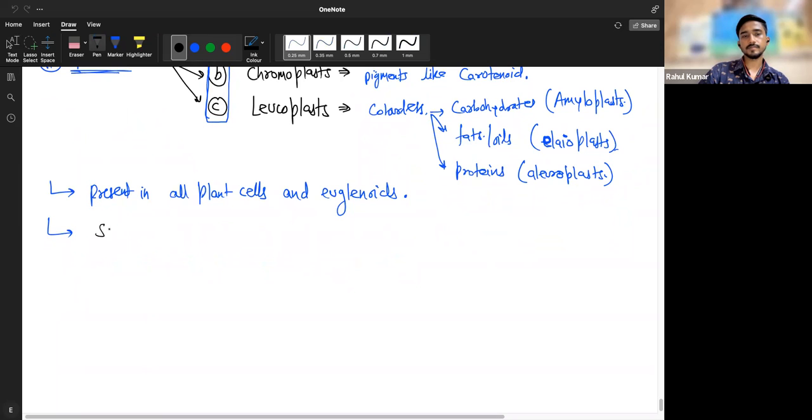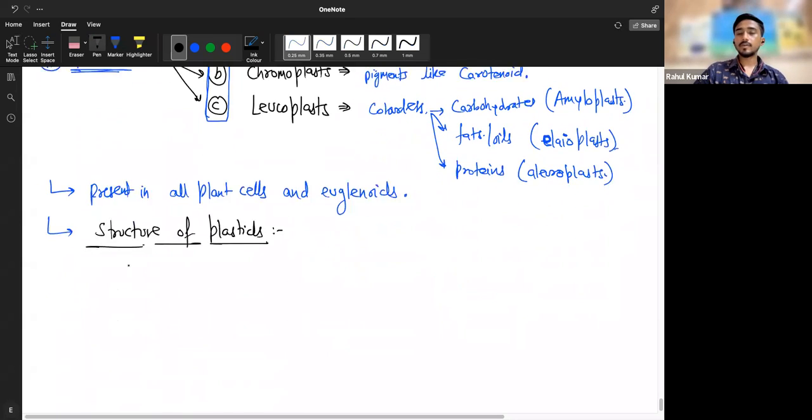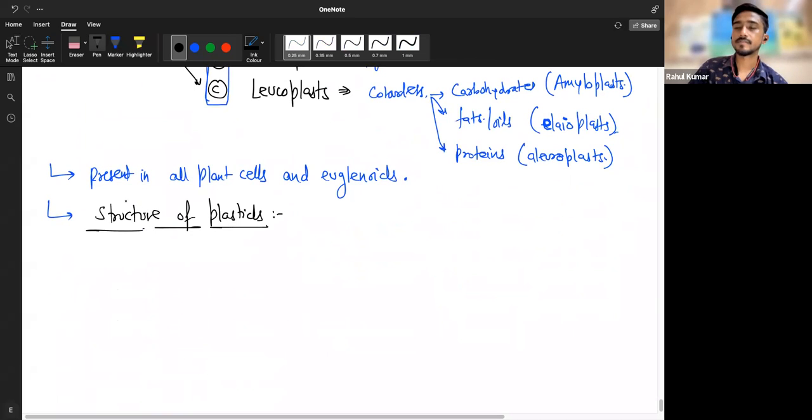Now coming to structure of plastids. This is where many questions come from. Just like mitochondria, plastids, chloroplasts, chromoplasts, all plastids also are double membranous. Okay, so write down.